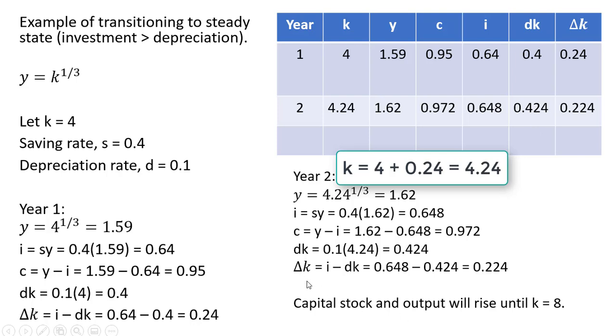And our change in capital will be positive, not quite as large as the last period, but still increasing. And this process will continue until the capital stock and output reach their steady state when capital per worker, or the capital labor ratio, is 8. So let's show that in the next slide.